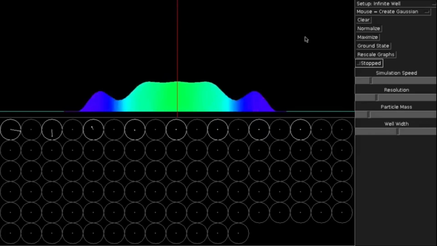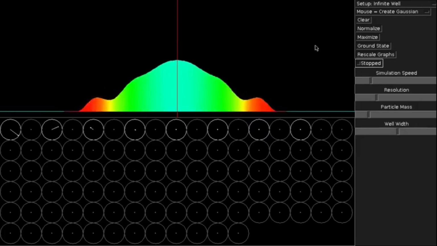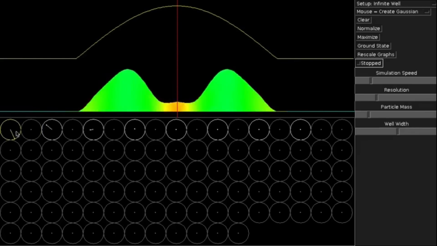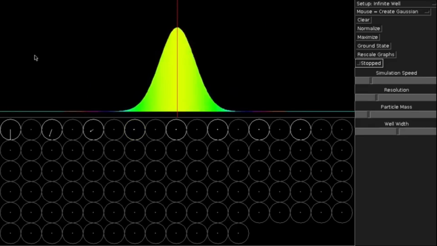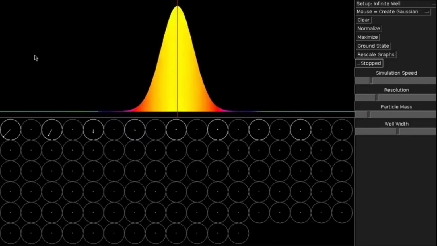If I play this, you see the wave function gets wide, becomes narrower again, and sloshes back to where it started. If you watch these arrows down here, you can tell when it comes back together, the arrows are all pointing in the same direction, and when it's dispersed, the arrows are sort of pointing in opposite directions.